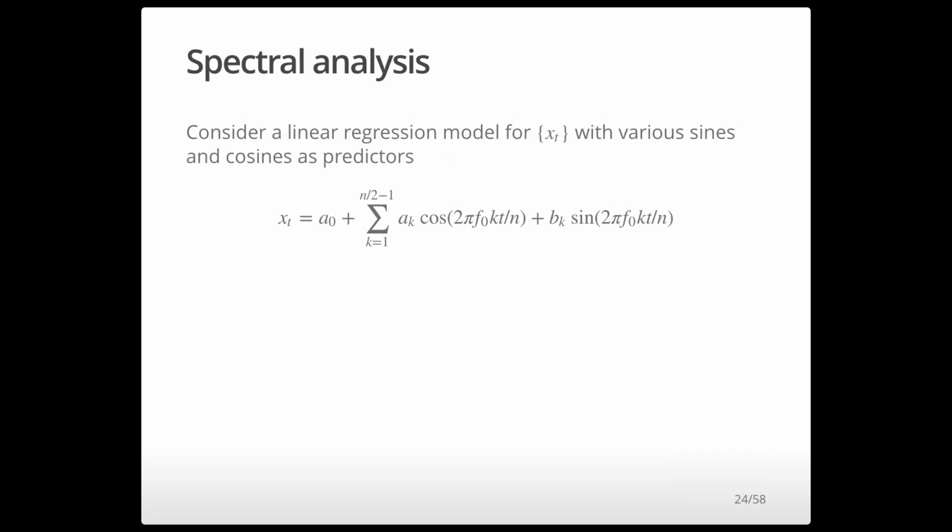So here's an example of a spectral analysis where we have a model for X sub t, here's our time series of interest, and we're just going to treat this as a linear regression problem of a bunch of sine and cosine waves. So we've got an intercept out here, and then it just says sum up A1 times this cosine wave plus B1 times the sine wave, and then do that k number of times, however many we have.